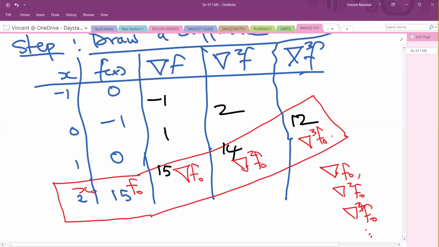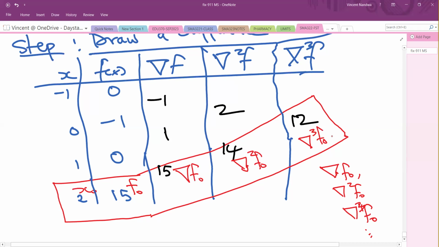Please do not confuse this with the way you drew the general backward difference table and how you are labeling the differences. I don't know if I'm clear on that. For those who did the exercise, you should be able to understand what I'm trying to say.